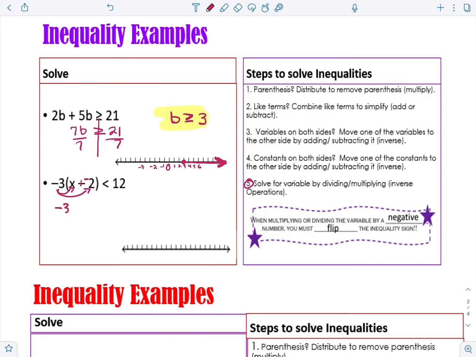So we have -3x plus 6 is less than 12. We've gotten rid of the parentheses. Are there any like terms? Well, none over here, none over here.